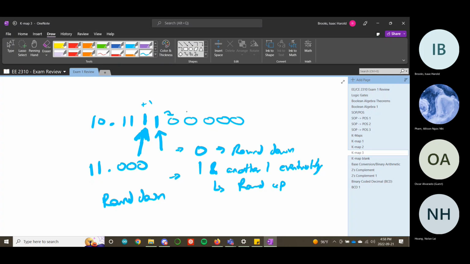Did you talk about this in class? That's what your professor said, right? You can have the odd or 0, so you want to round to whichever number is even. Yeah, 0 is even.